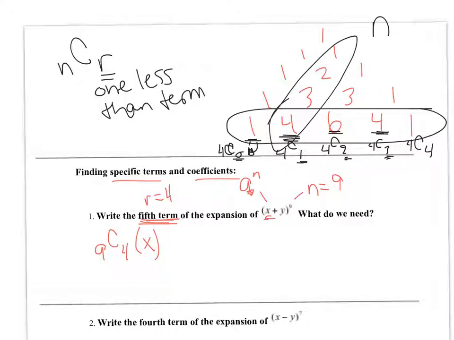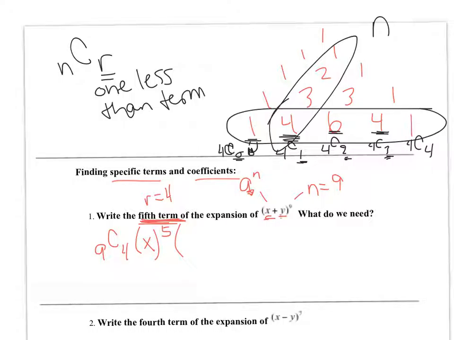So if I'm looking for my fifth term, you can count it out. It's going to start at x to the 9th is term 1, x to the 8th is term 2, x to the 7th is term 3, x to the 6th is term 4, x to the 5th is term 5. So this would have an exponent of 5.